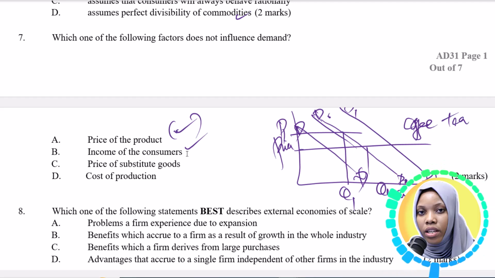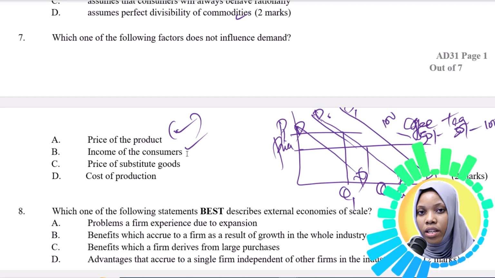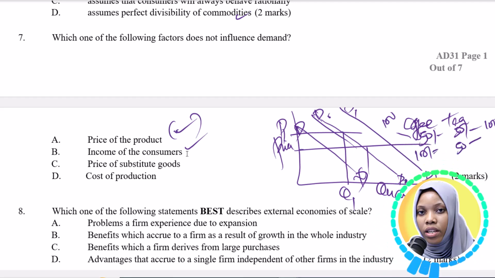If we have coffee at 50 and tea at 50, and we have a demand of maybe 100 people for both, if we increase the price of coffee to 100 shilling, then most people are going to buy tea, which is at 50, maybe 50% will buy tea, which will be 150 people, and the remaining 50 will buy coffee at 100. So price of substitutes also influences demand.